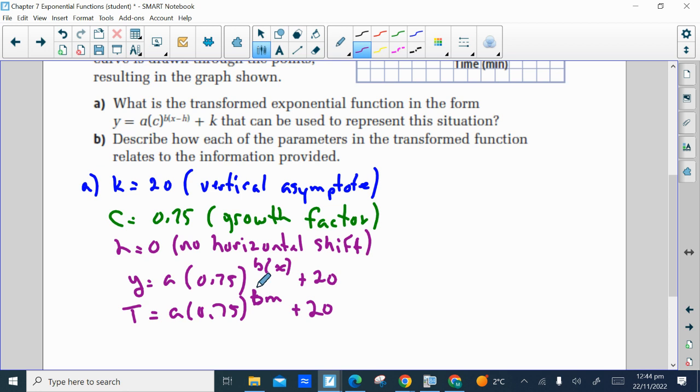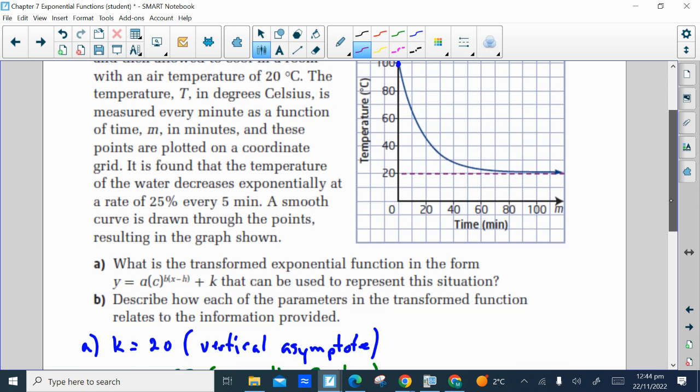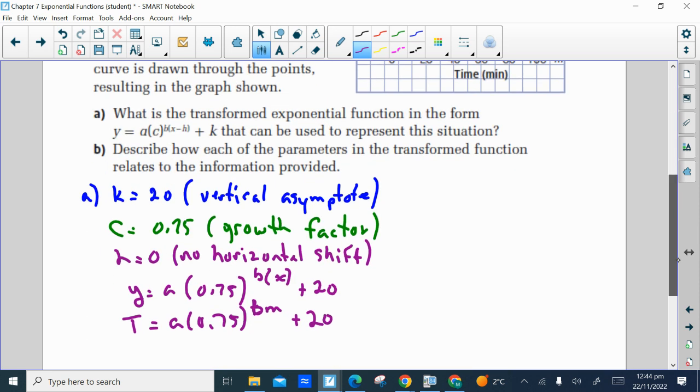So we need to figure out what this exponent is going to be. And if we look at the graph up here, as well as what our general form of our equation is, that's on the formula sheet, A times B to the power T over P, what we can do is we can write it like this.